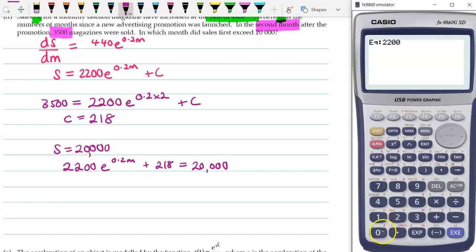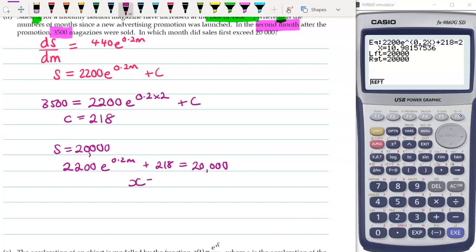Right, 2,200 e to the 0.2, I'll just put an x in there, plus 218 is equal to 20,000. Solve. So m equals 10.98, and it needs to exceed 20,000. So m equals 11.